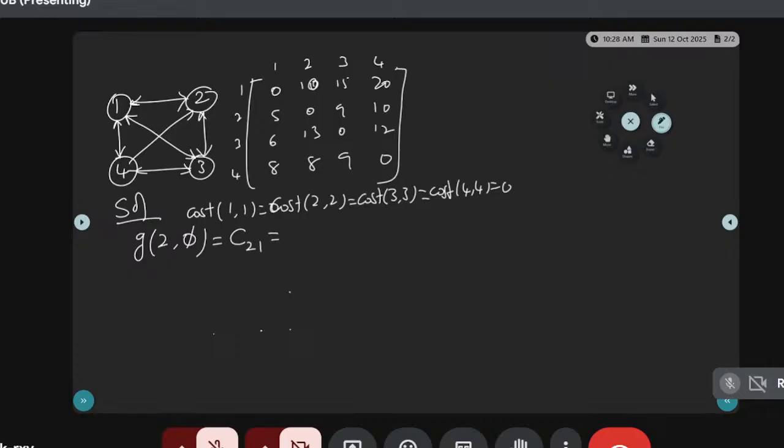What is 2 to 1? 2 to 1 is 5. And write down g of 3 comma phi, that is C31, g of 4 comma phi, C41. 3 comma 1, 4 comma 1.